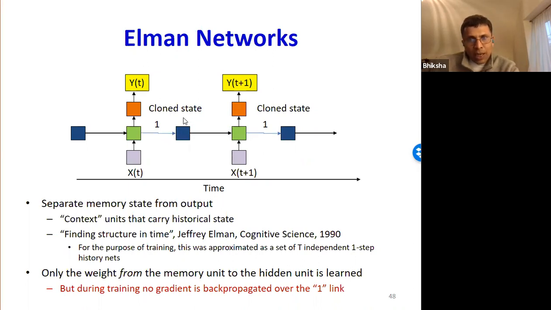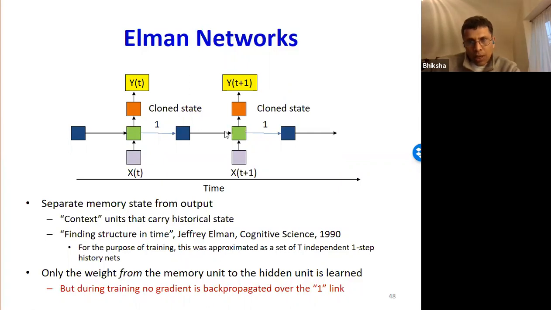In this model, however, all the memory unit does is clone the hidden state at the previous time. So it just copies it over as is. That's what is meant by this arrow with the weight 1. And this cloned state is what is fed in to the hidden state at the next time.